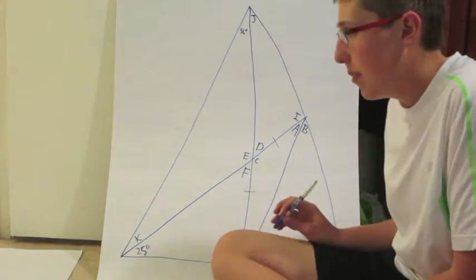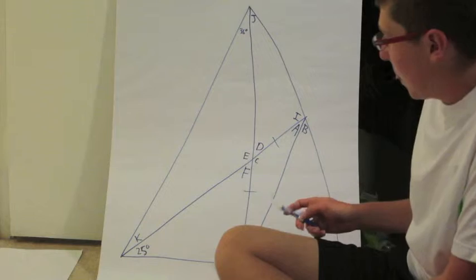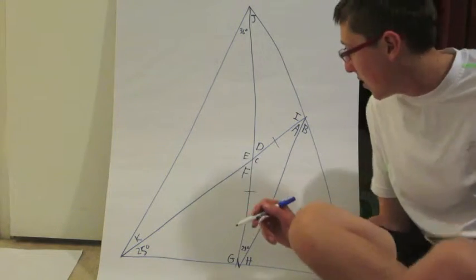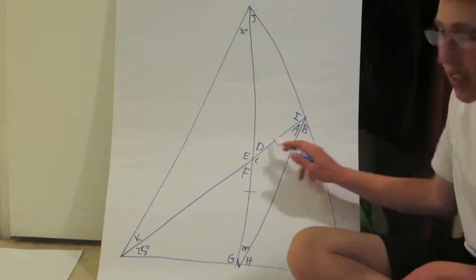So the first step is to look where we can start. The first place that we might be able to start is right here, this isosceles triangle.